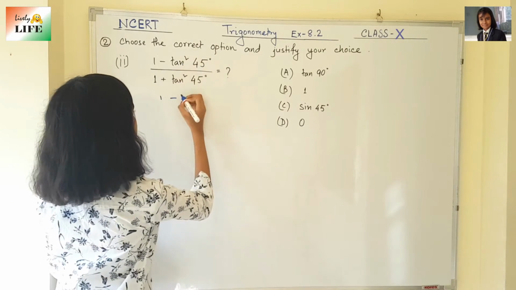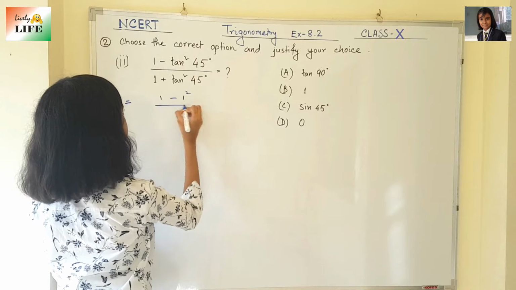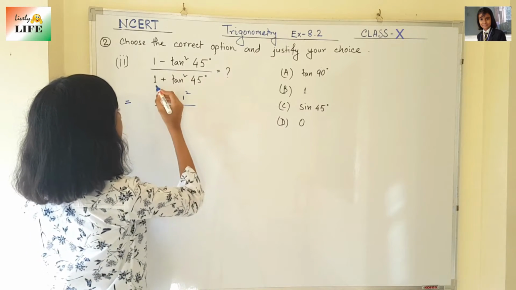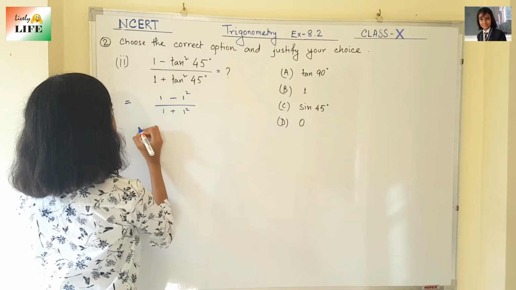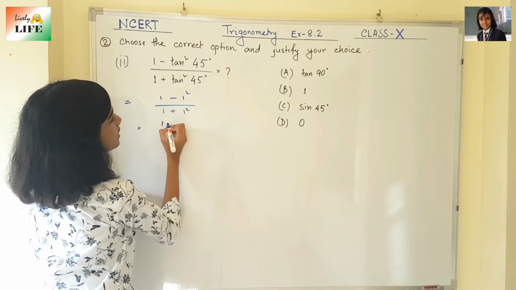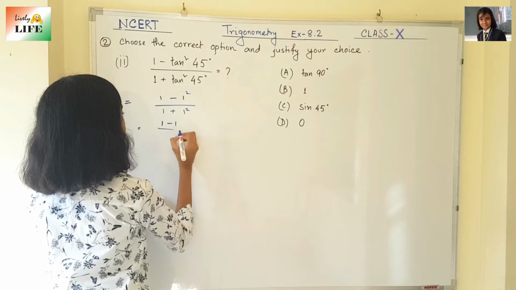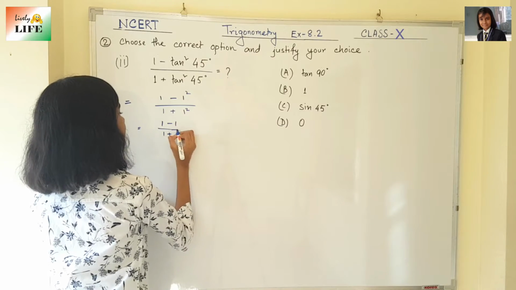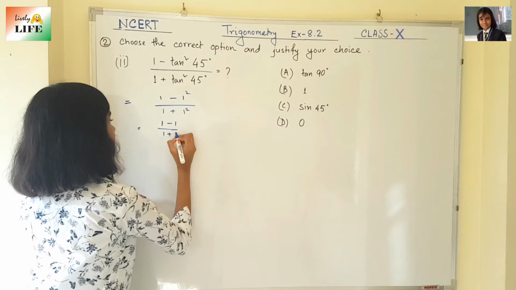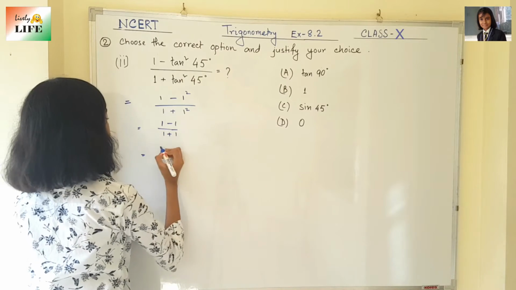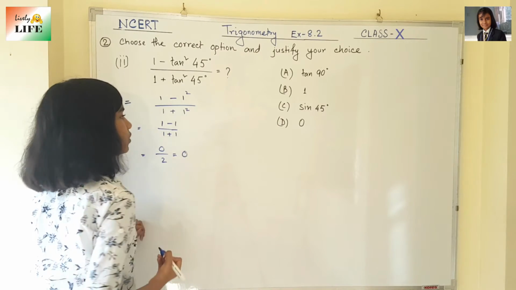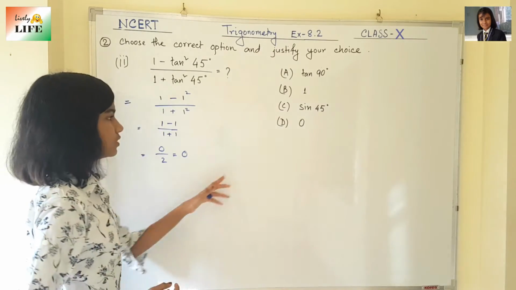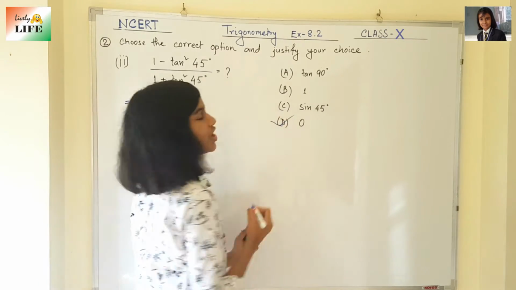So tan square 45 will be 1 square by 1 plus, again tan square 45, it will be 1 square. 1 minus, what is 1 square? 1 square is 1 by 1 plus, again what is 1 square? It is 1. 1 minus 1 is 0. 1 plus 1 is 2. So 0 by 2 is 0. Okay, so 0 is the answer of question number 2.